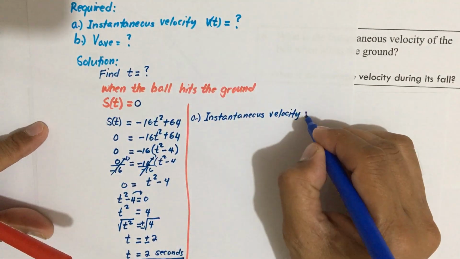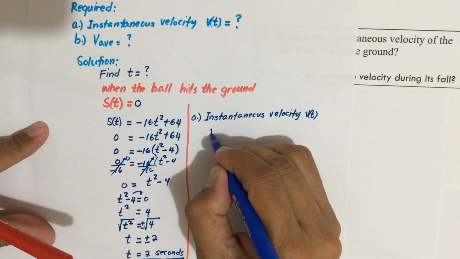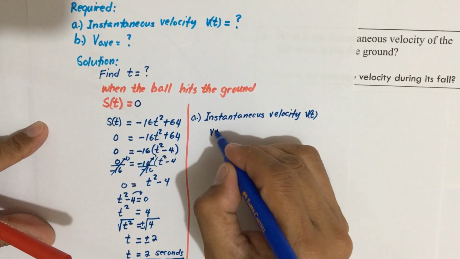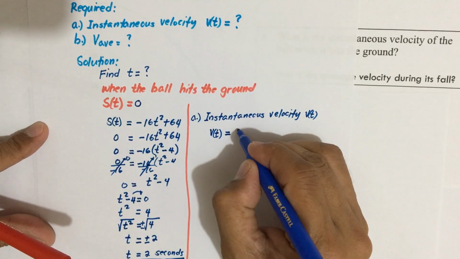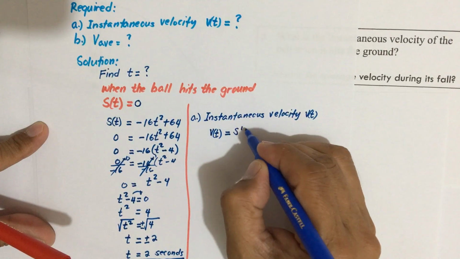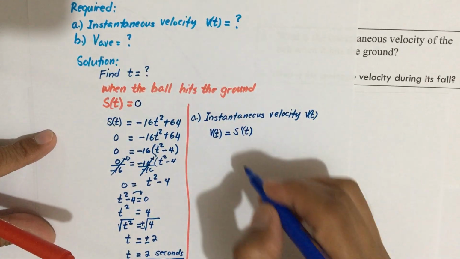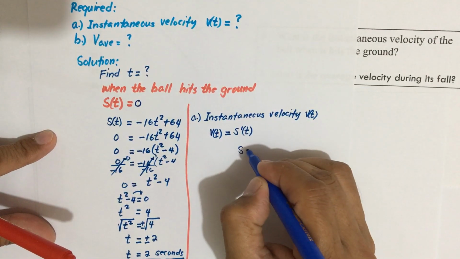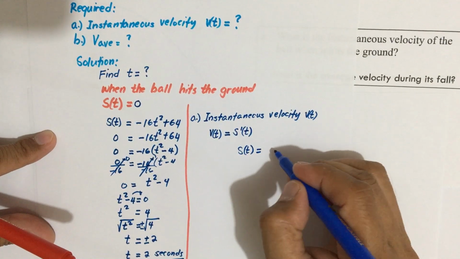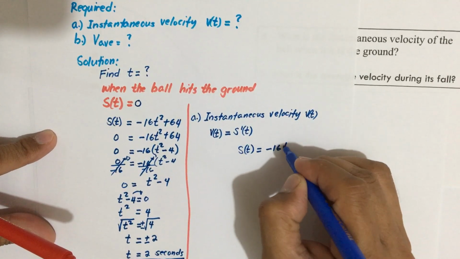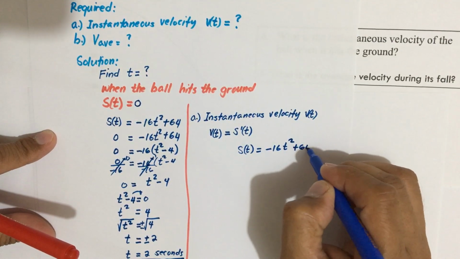So we call it v of t. We know that v of t is just the derivative of s of t. And we are given s of t equal to minus 16t squared plus 64.